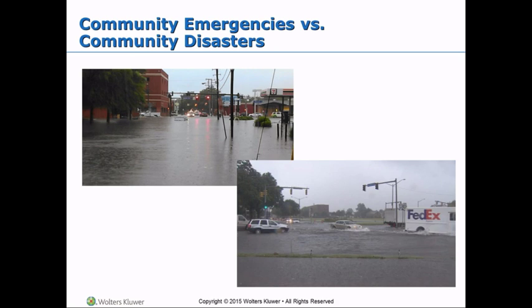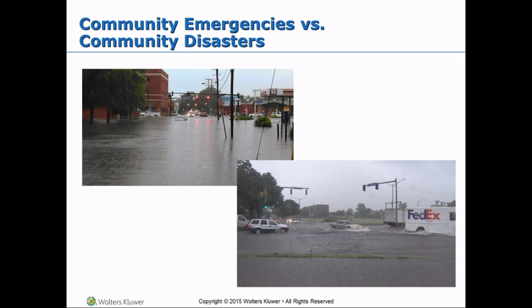There were a lot of individuals and agencies working together during and after the flooding occurred to alleviate and repair damage left by the tropical storm. But this is an example of a community emergency. It is an example of an emergency because the resources of the local community were able to manage and repair the damage done by flooding.